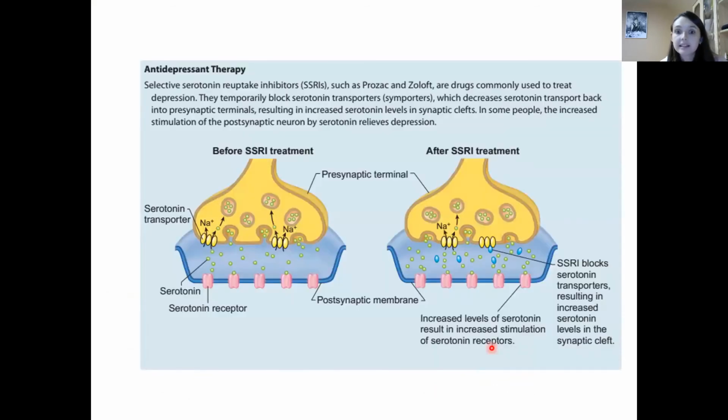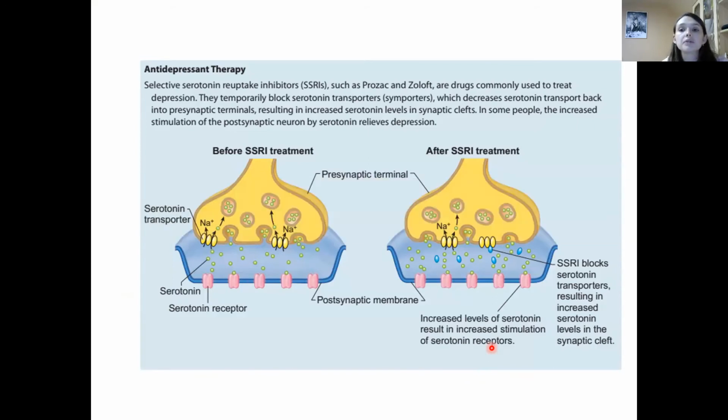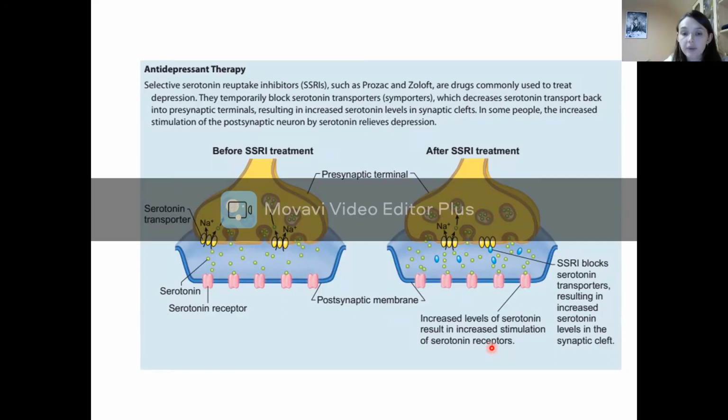How can we deal with this situation, how can we help a person with depression? Our aim is to increase the level of serotonin. How are we going to increase the level of serotonin? By knowing the mechanism of inactivation of serotonin.